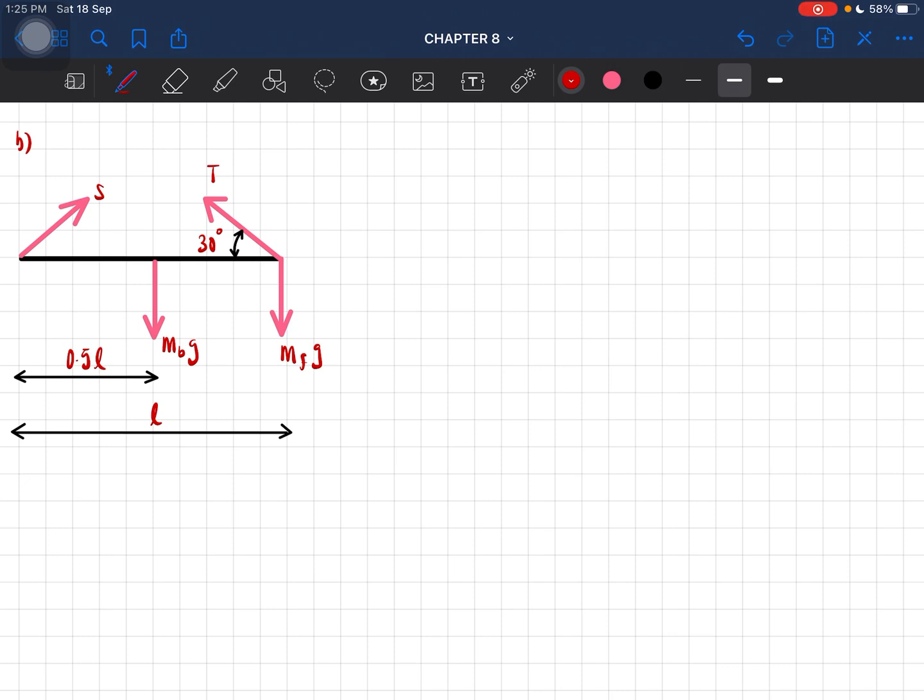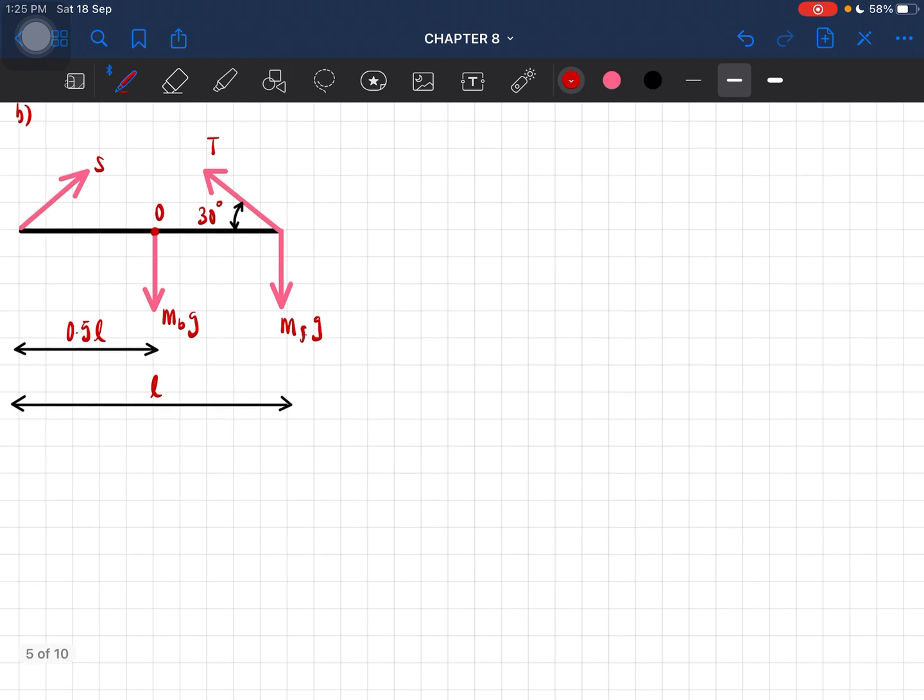Okay, so before we start, we have to set a rotation point, a rotation axis. So in this case, we can let this point here, point O, be the rotation axis. For torque, we will refer everything to this point.